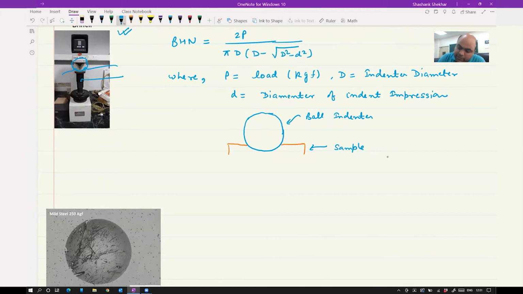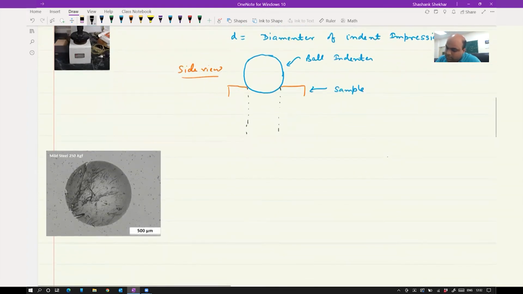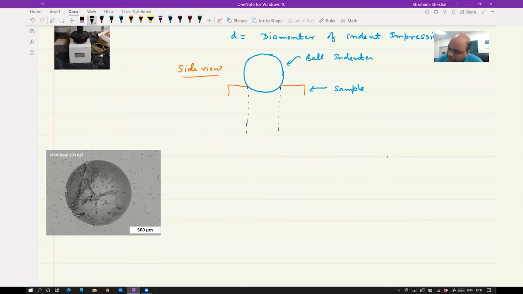The ball indenter is placed at this place here. See the diagram I'm marking. This is the side view, and if you see the top view, you can see the indent impression. It is going to make a circle.